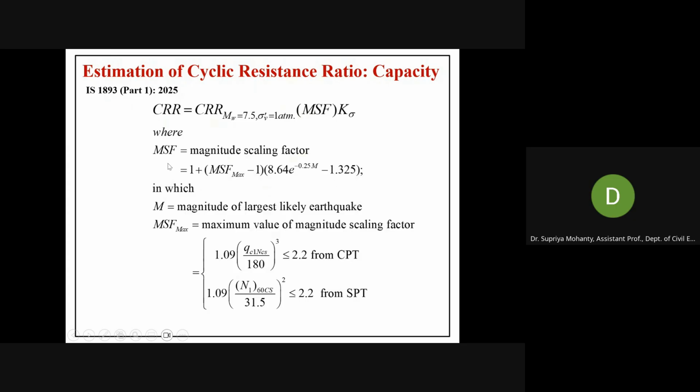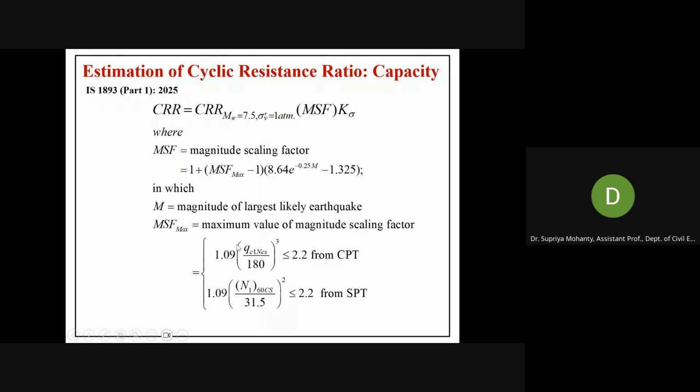MSF is a function of magnitude of earthquake. It is 1 plus (MSF max minus 1) times (8.64 e to the power minus 0.025 M minus 1.325). In addition to magnitude of earthquake, that is M, it is also a function of MSF max. So what is MSF max? MSF max is the maximum value of the magnitude scaling factor. This maximum value is also a function of your soil properties, that is the CPT value and the SPT N value.